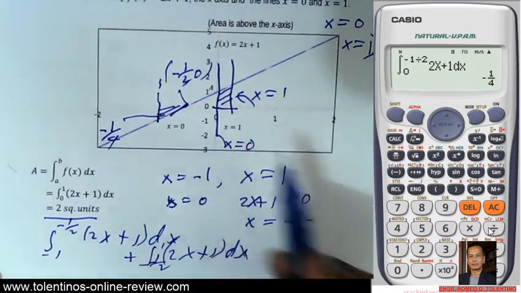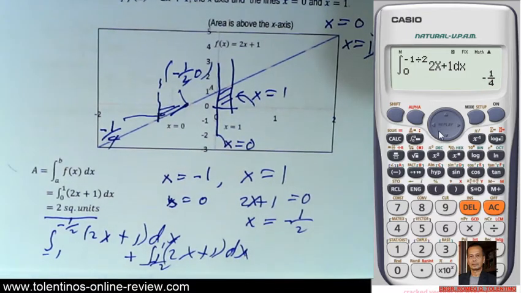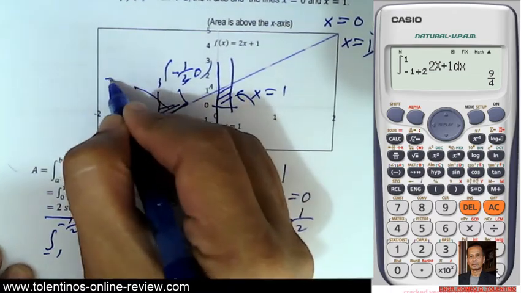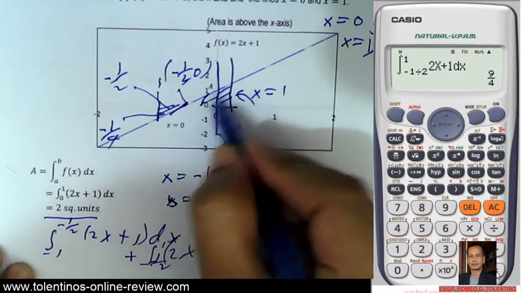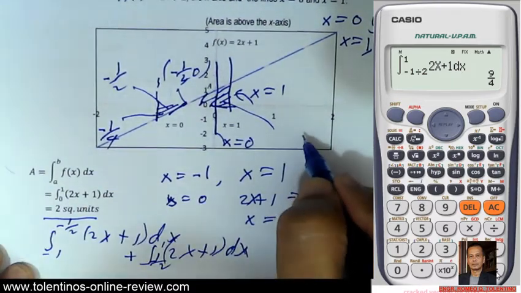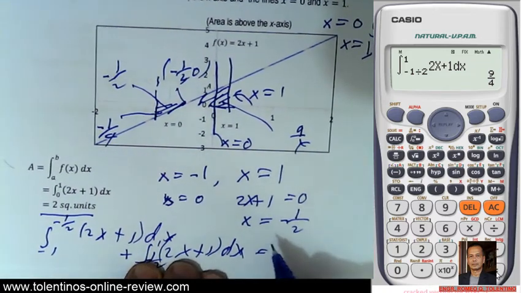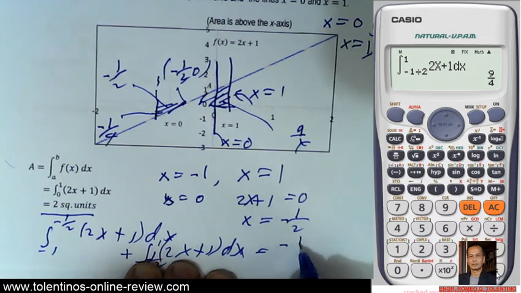And then if I change the limit from negative 1/2 to 1, that area is negative 1/2, and that area there will be 9/4.